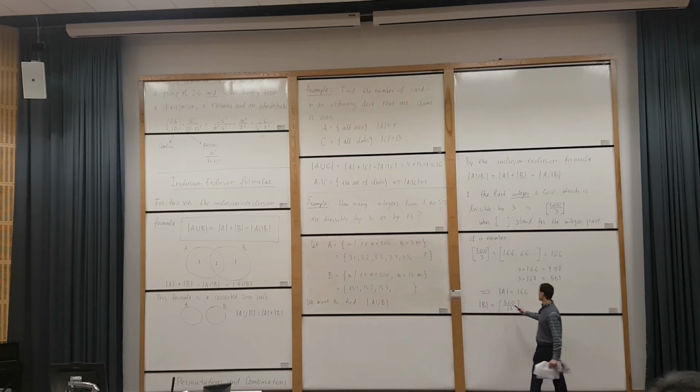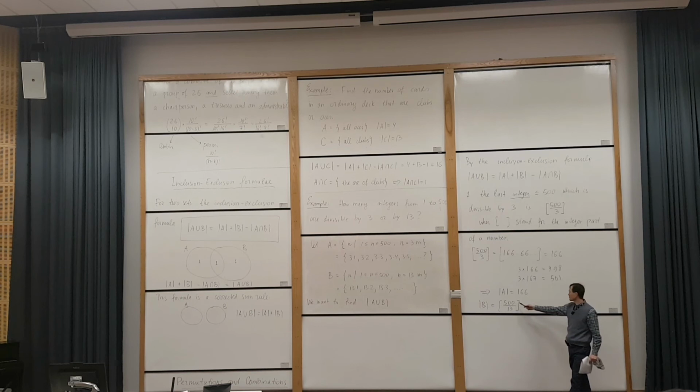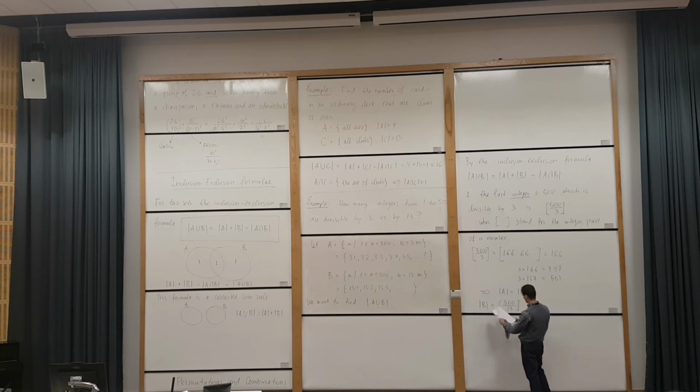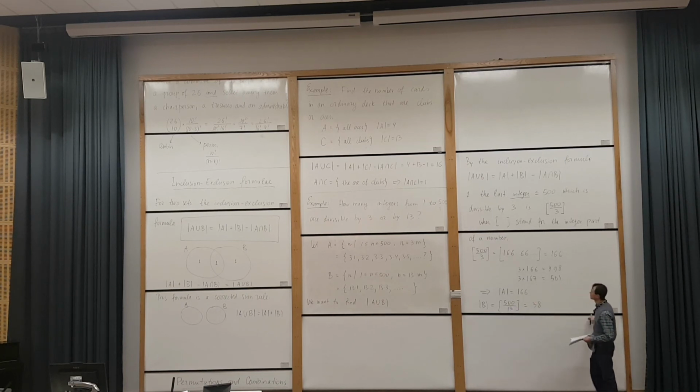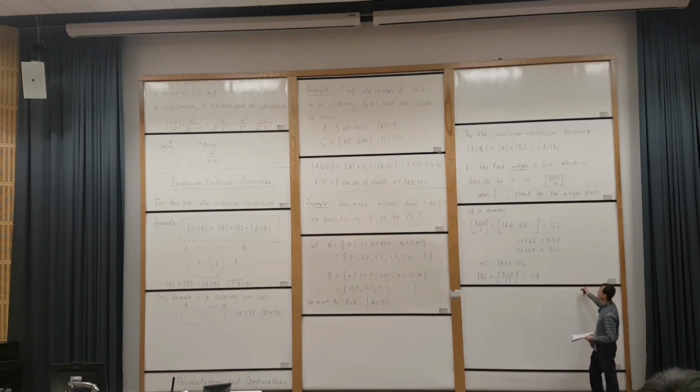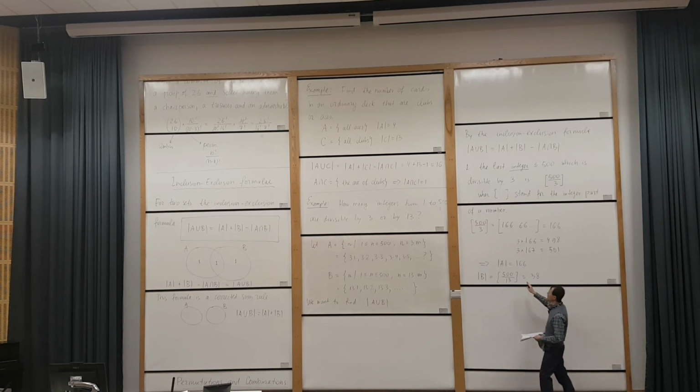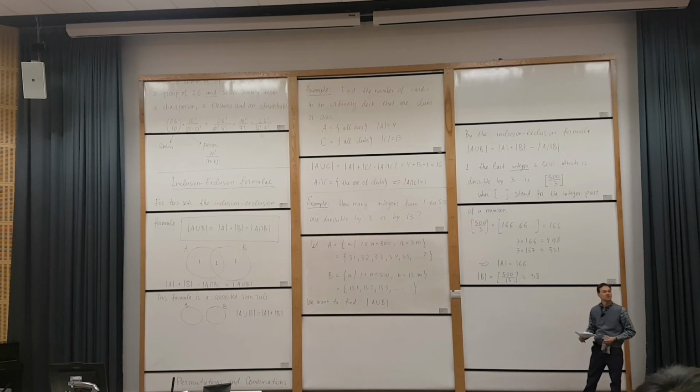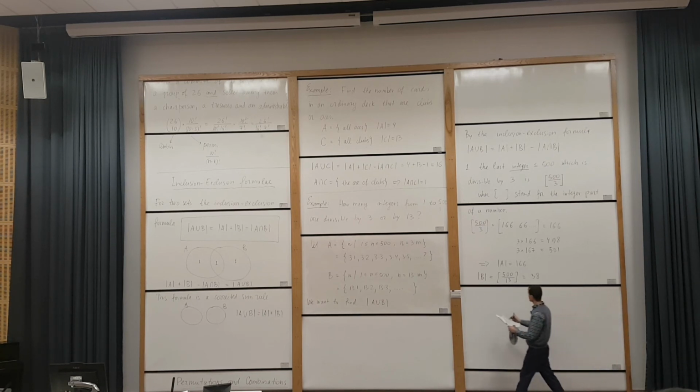The last integer in that sequence will be 500 divided by 13 times 13, with the integer part taken. Using a calculator, we get 38. Again, we can double check that 38 times 13 is smaller than 500, but 39 times 13 is larger than 500.